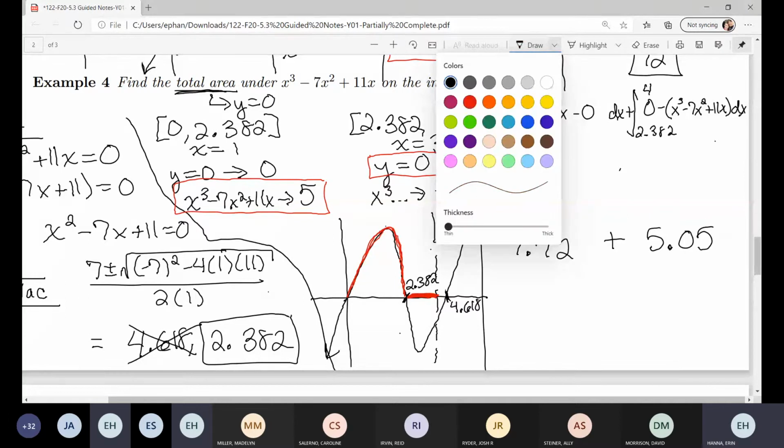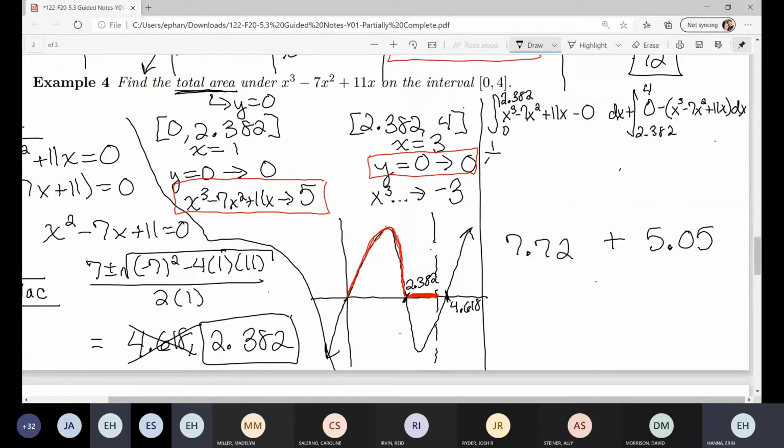So the antiderivatives would be 1/4 x to the 4th minus 7/2, nope, 7/3 x cubed plus 11/2 x squared. I'm going to drop my plus c because I'm going to run out of space. And remember, when we do the bounds, the c's always cancel each other out.